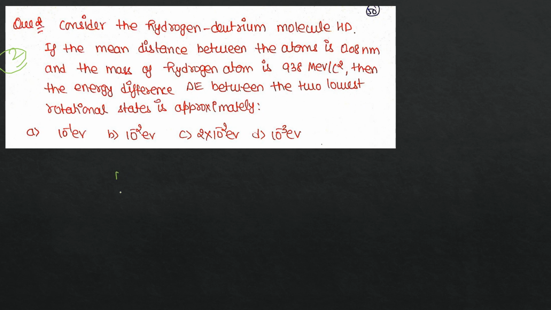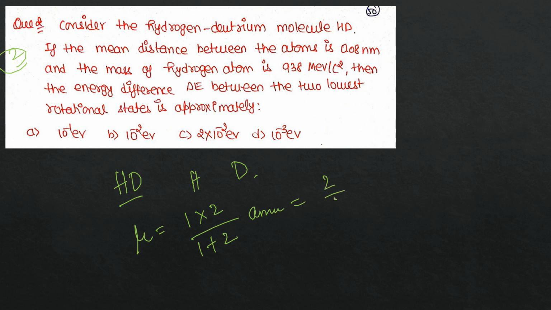So HD: one is hydrogen, another is deuterium. So what is the reduced mass? 1 into 2 divided by 1 plus 2 AMU, that is 2 by 3 AMU. AMU means 2 by 3 into 1.6 into 10 to the power minus 27 kg.